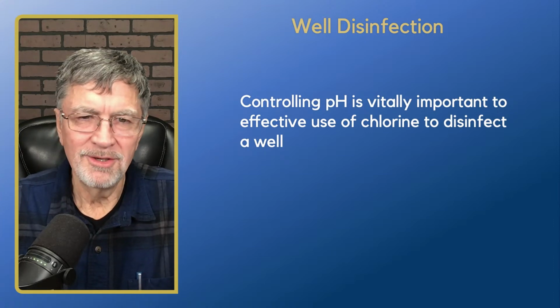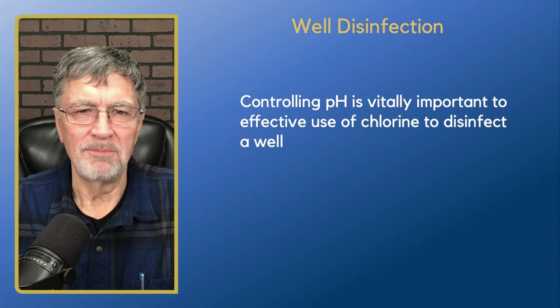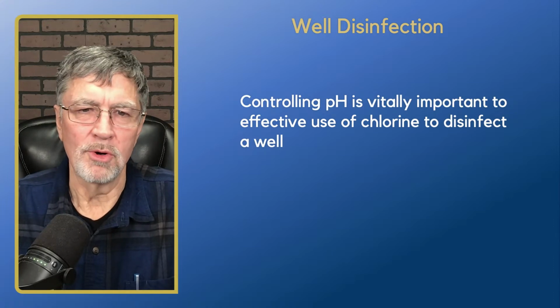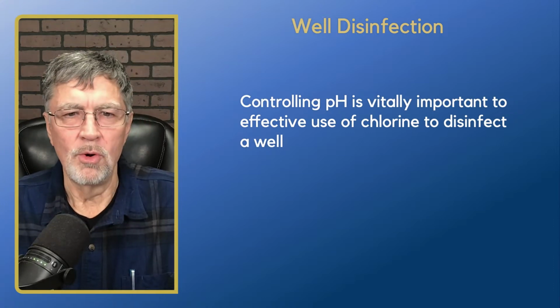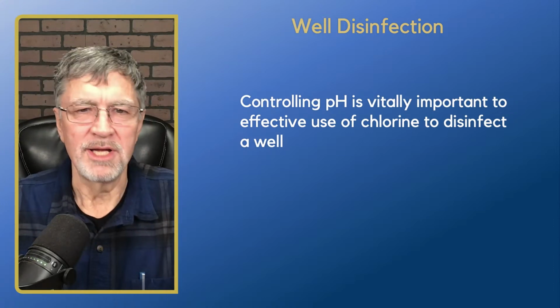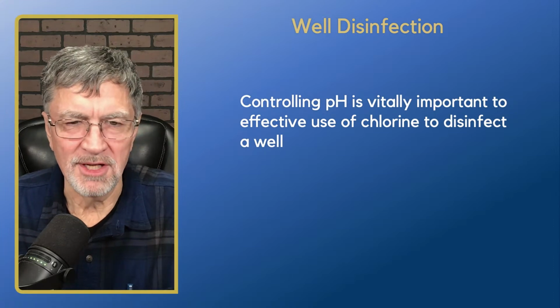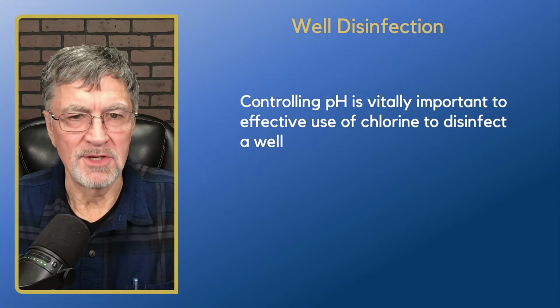Adding chlorine to water tends to shift the pH to the higher end of the scale, becoming more alkaline. So what happens is we have pH shifting out of its optimal range for disinfection.